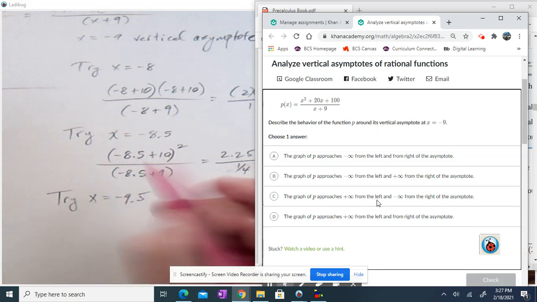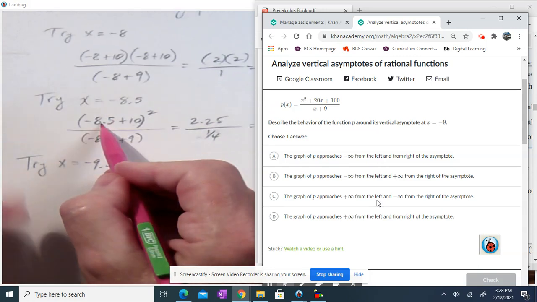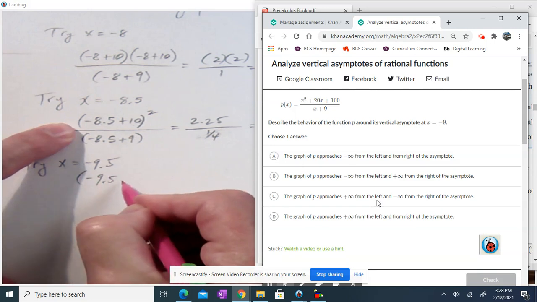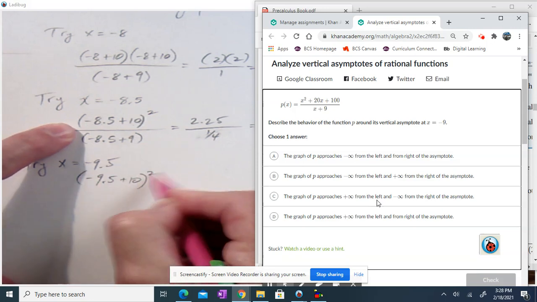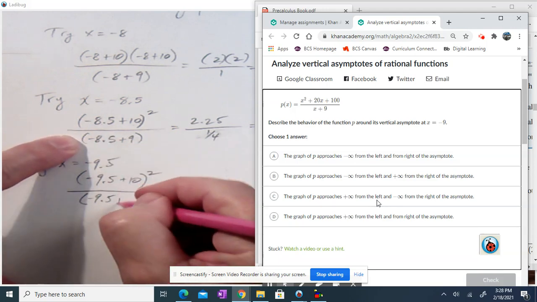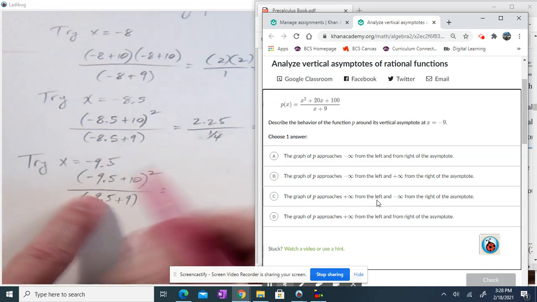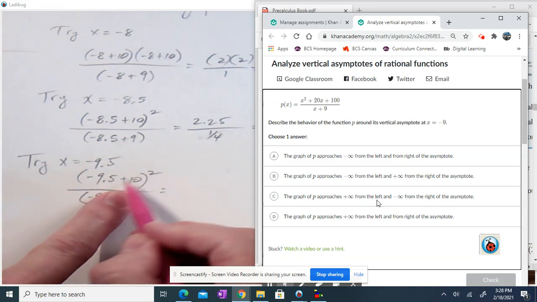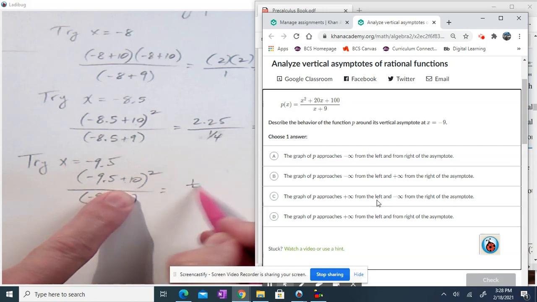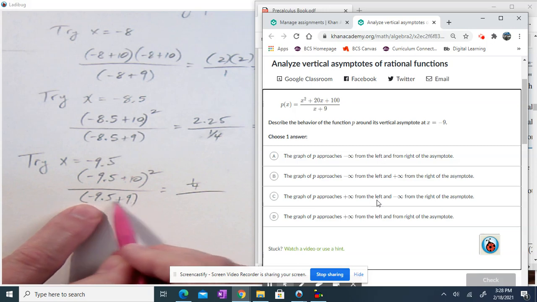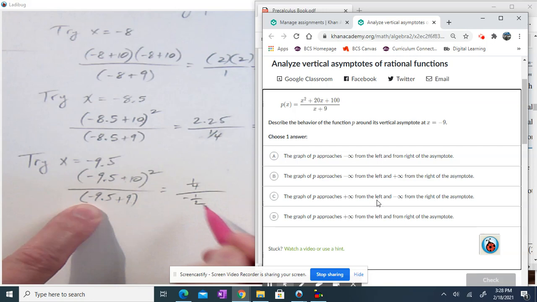Now we're replacing these with negative 9.5 plus 10 squared over negative 9.5 plus 9. Well, that's going to be a half squared, and a half squared is a fourth, over negative half.